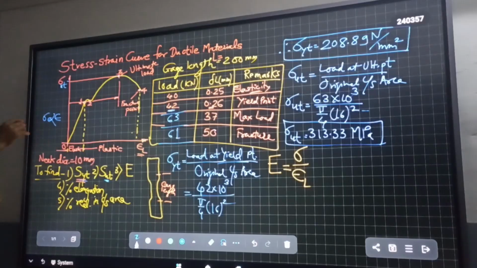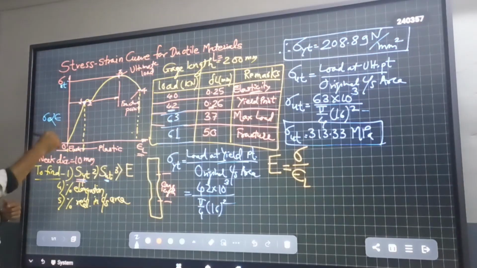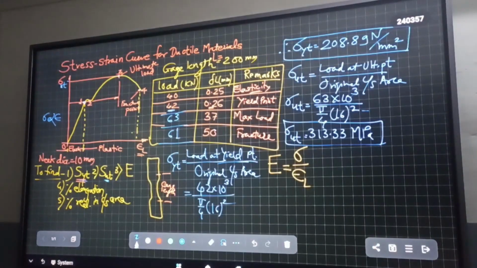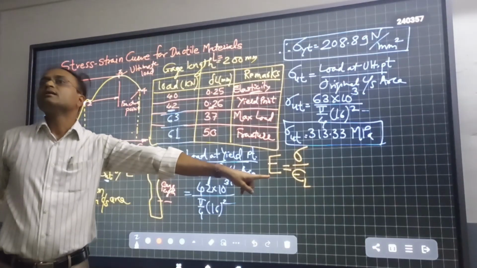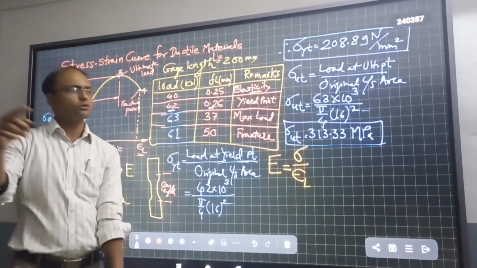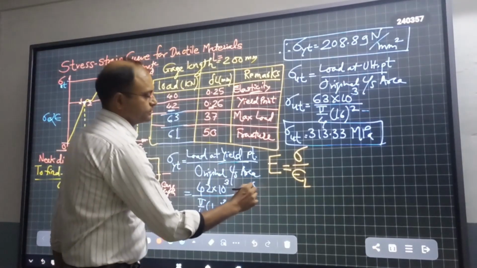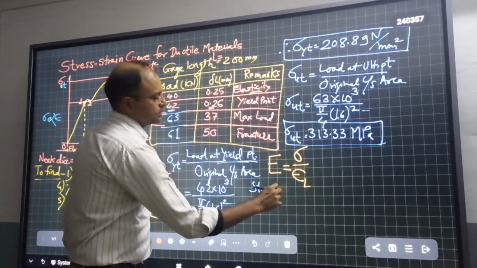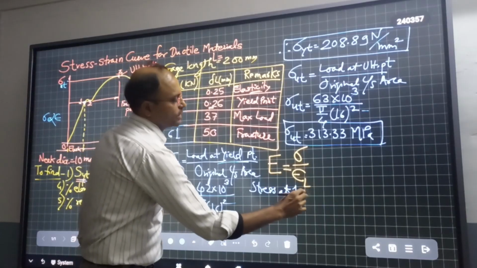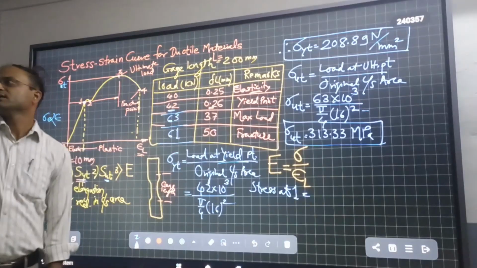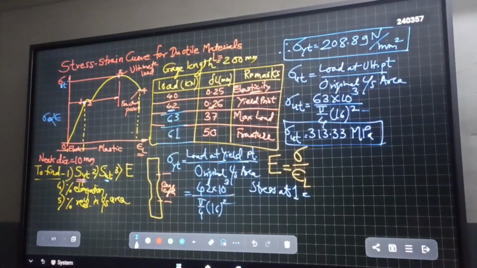That means we have to find stress at point 1, because up to point 1 the material is elastic. So stress at point 1, strain at point 1, take the ratio of that, and that will give you the value of Young's modulus. Okay, so write down stress at point 1. Stress at point 1 is equal to, calculate stress at point 1.